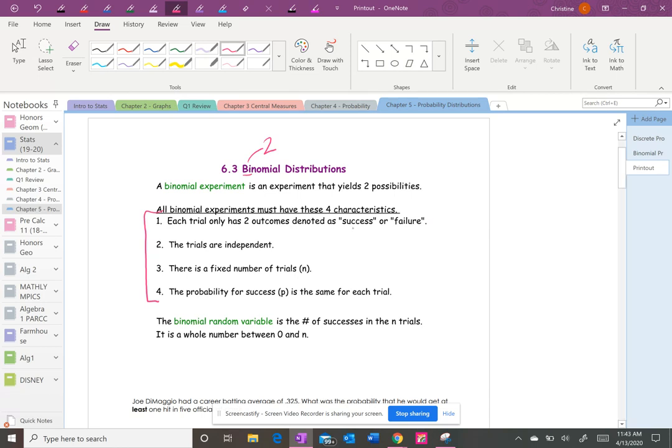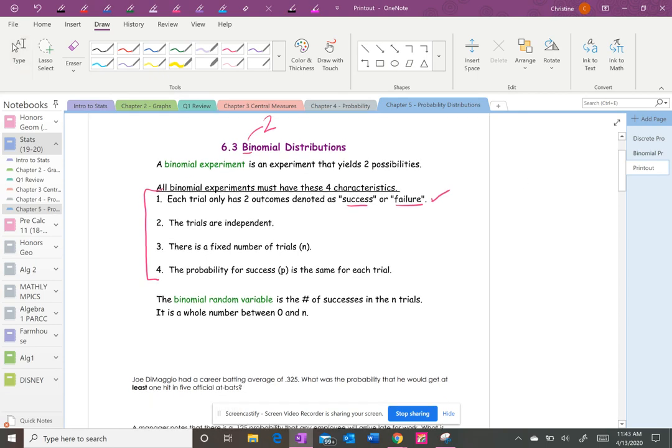And we're going to talk about these as successes or failures. So either you got the card or you didn't get the card, you flipped the coin heads or you flipped tails. Okay, the trials have to be independent of each other. And what that means is that when you do the experiment, you're not going to say, well, what's the probability of you rolling a 6 if you got tails on a coin?